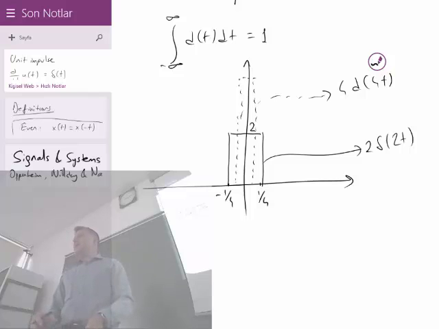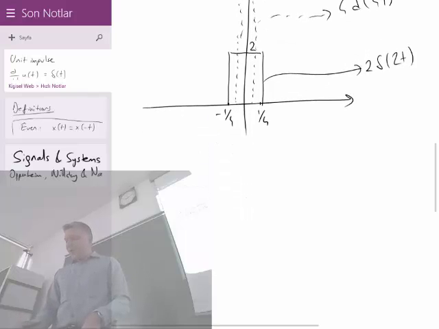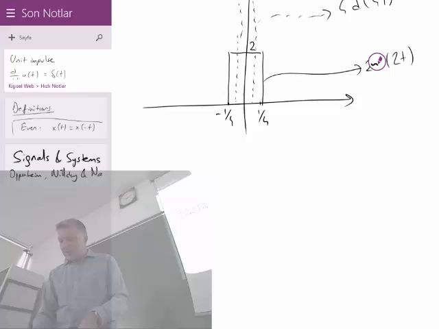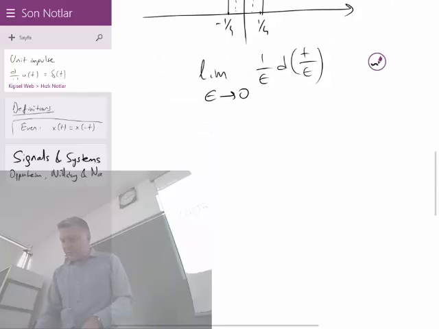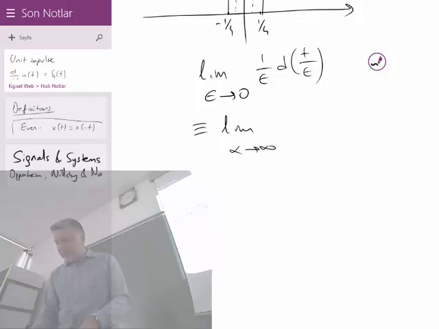And in the limiting case, as I increase these scales to infinity, or in more mathematical terms, let me write it like this. I will take the limit as epsilon goes to 0 of 1 over epsilon d of t over epsilon. This time I am decreasing epsilon, or you can say 1 over epsilon is alpha, and this is also equivalent to the limit as alpha goes to infinity of alpha d of alpha t.